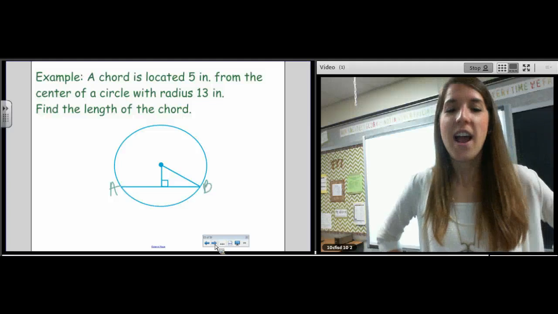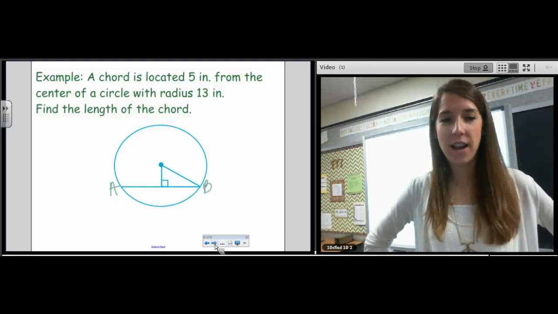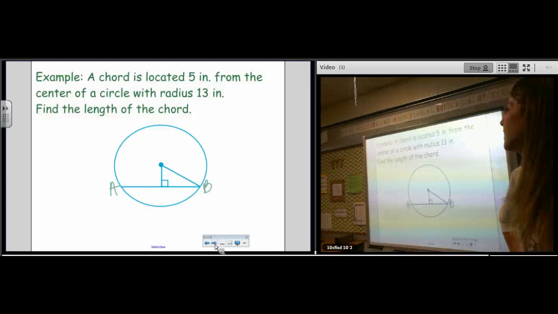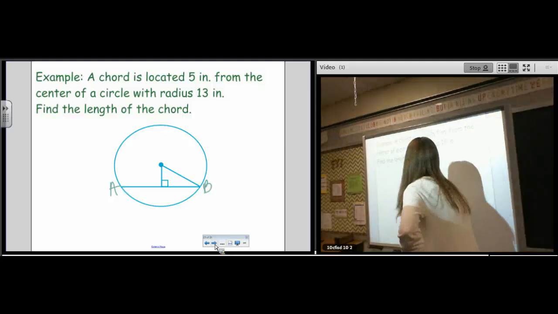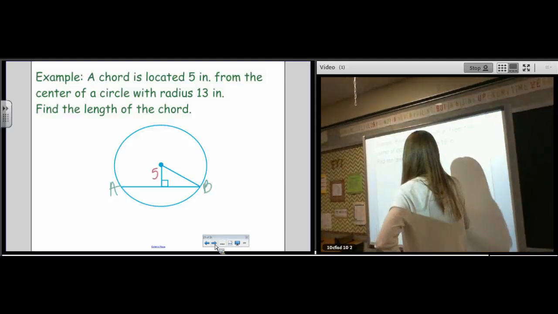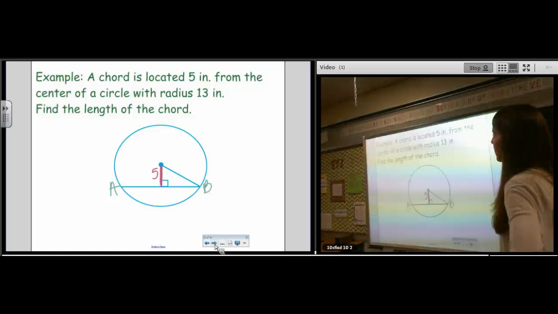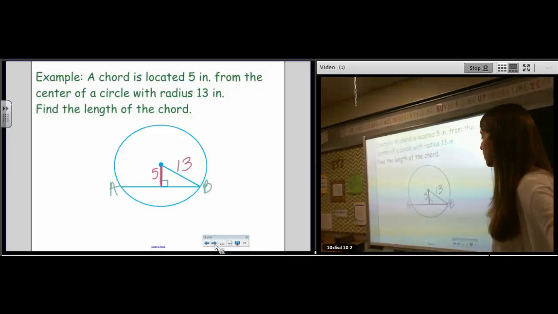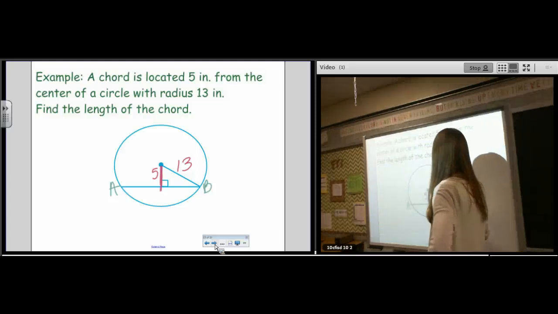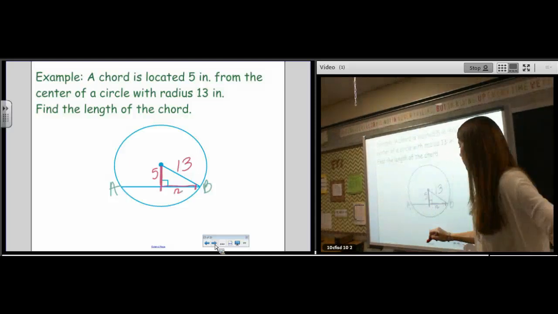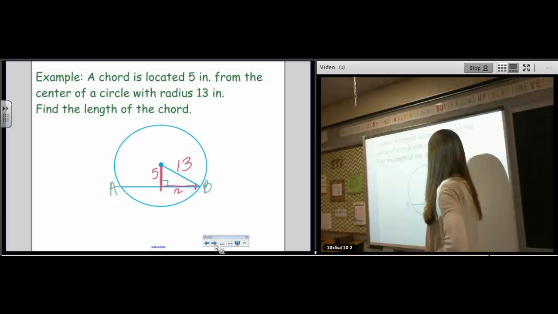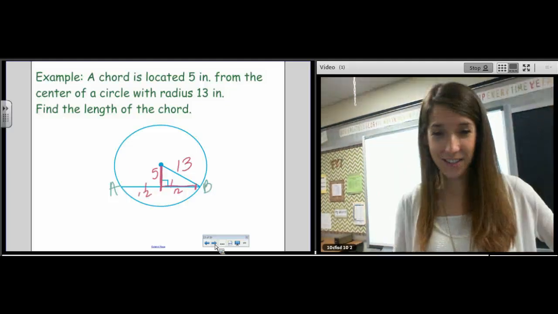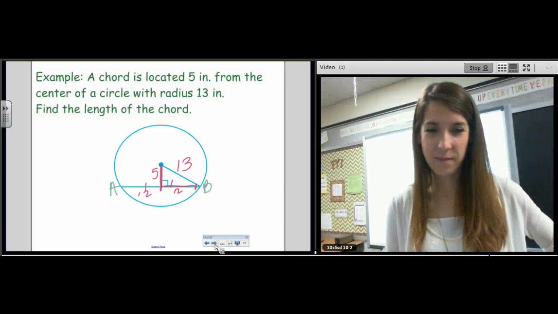So a chord is located 5, that's the distance between the chord and the center. The radius is 13. That's a Pythagorean triple. So from here to here is 12. And we know that when they're perpendicular, those are congruent. So that side's 12, and the final answer is 24. Good job, Mean Jung and George.